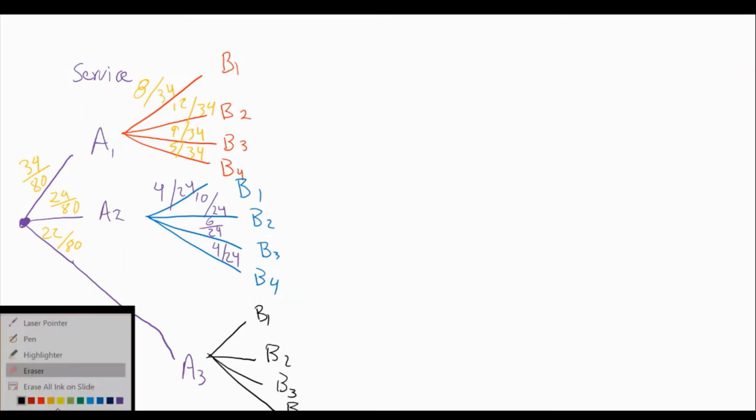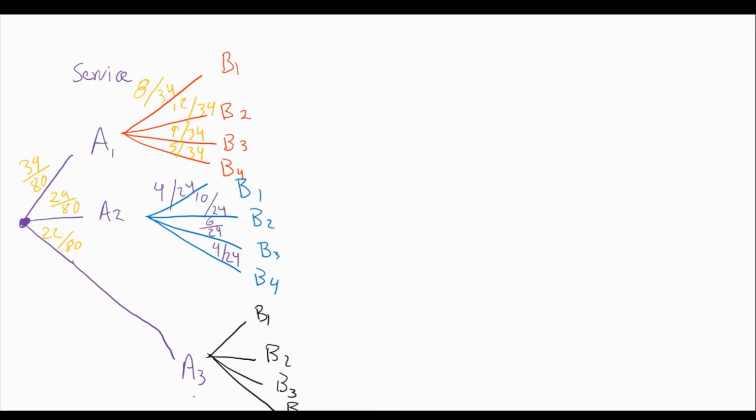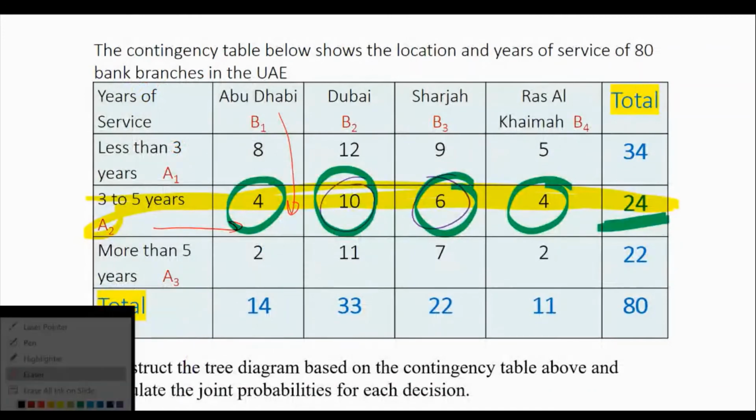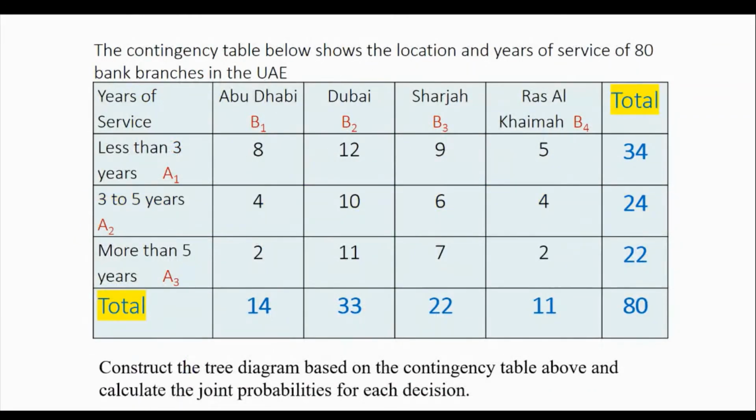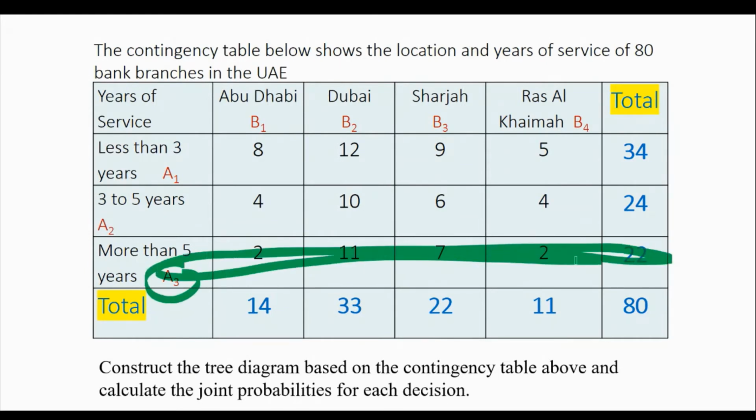Our last section here is to do the probabilities for A3. Only the ones for A3, and we have a total of 22 of them. We'll go check it out. Okay, so we are talking about A3 information only. So now we're talking about A3 only about this right here.